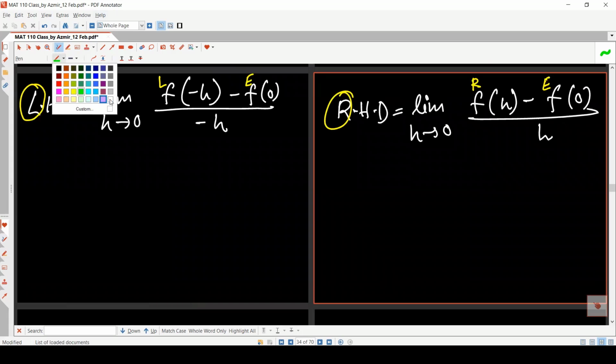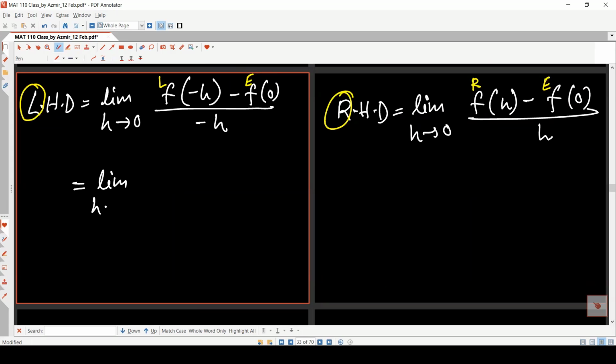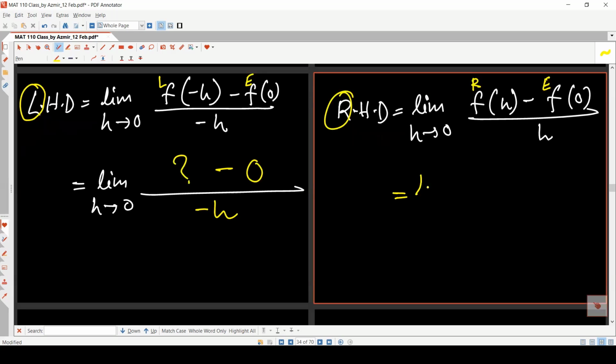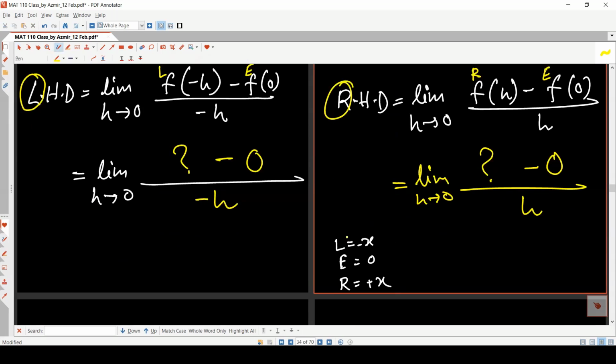So limit h tends to 0, function of minus h, I am giving here a question mark, minus f of 0, that means 0, divided by minus h. Right hand derivative, limit h tends to 0. We don't know what is f of h, but we know what is f of 0, that is 0. Now we have to find f of minus h from the left side function. We have the left side function minus x.